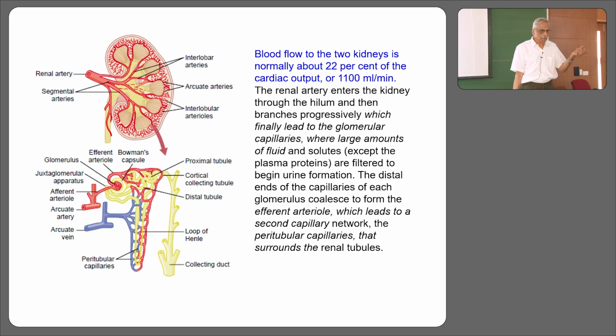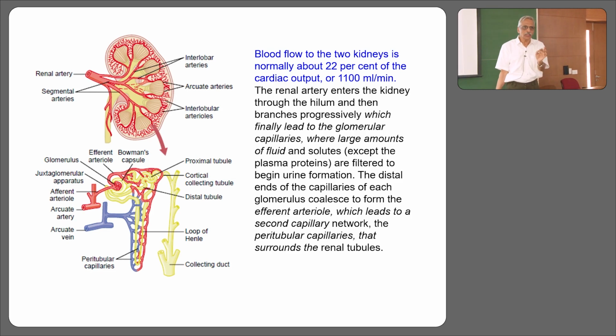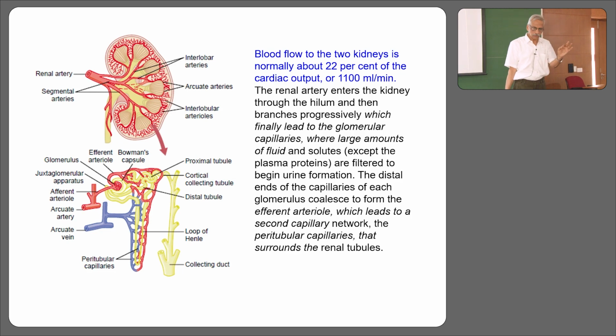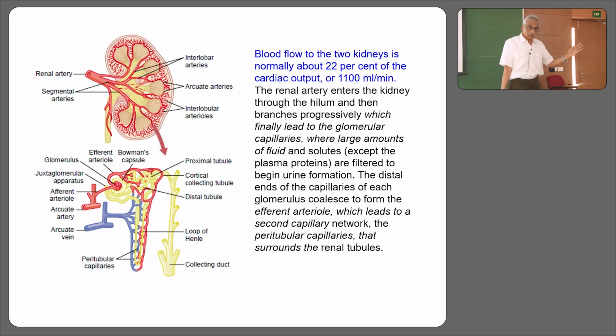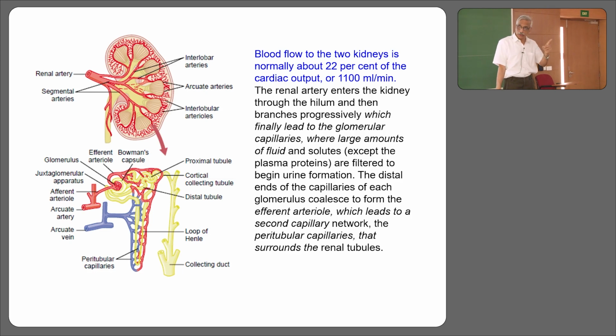Let me explain. The osmolality of our blood is about 300 milliosmoles. How much? What did I say? 300. Now this number you have to learn by heart, remember, and never forget. 300 milliosmoles.